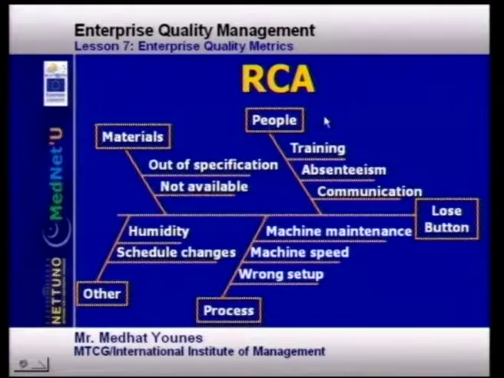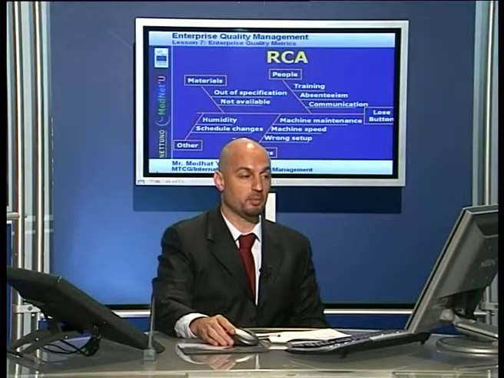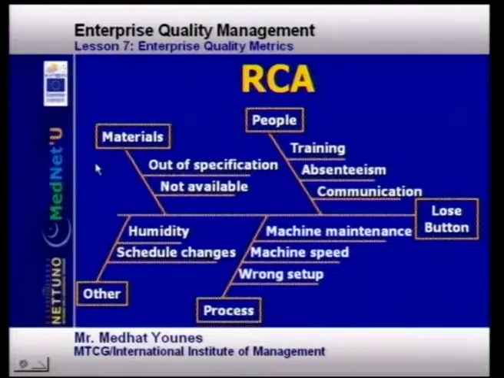Root cause analysis. Now, after we have identified that it's in shift 2, of course, we will use what's called the cause-effect diagram, sometimes called root cause analysis. And you would look at the possible or potential causes for having a loose button. It could be people, material, it could be process.